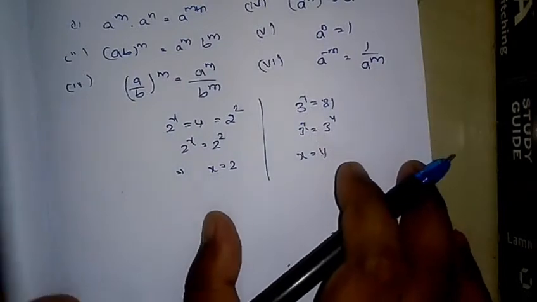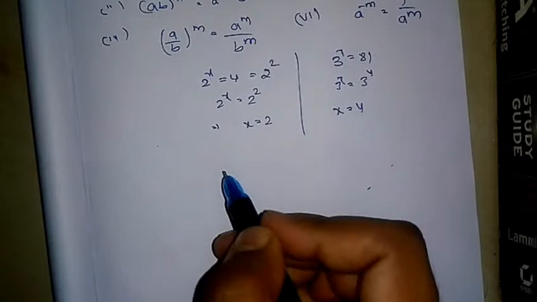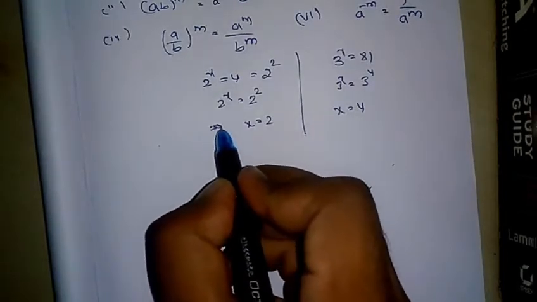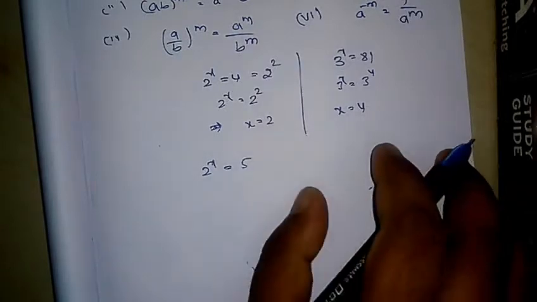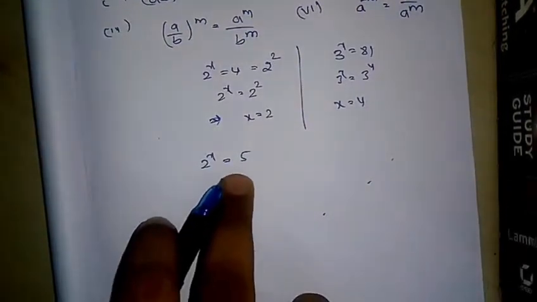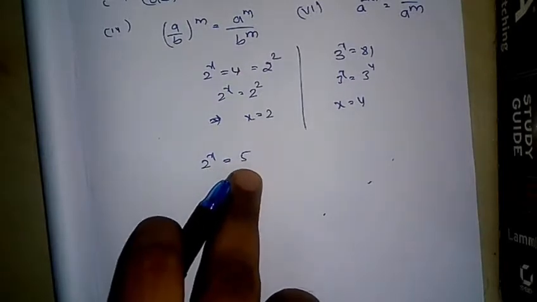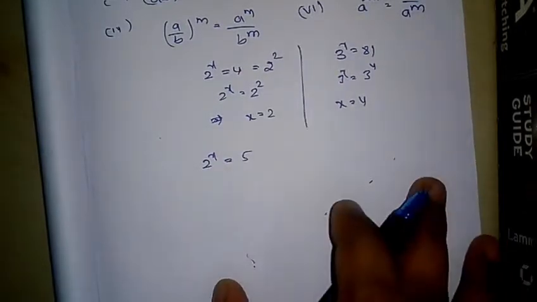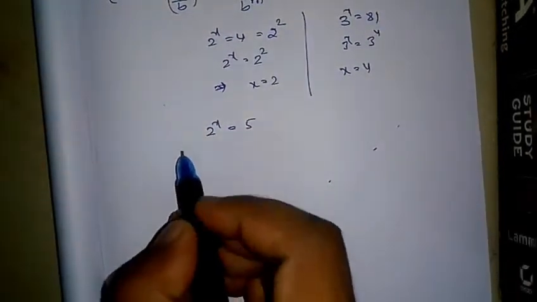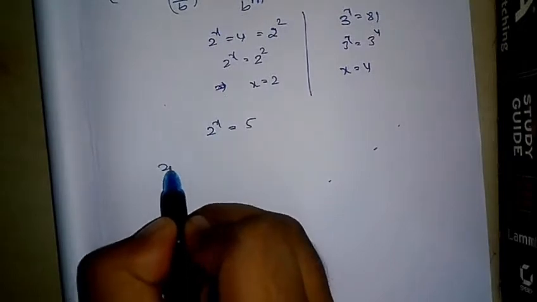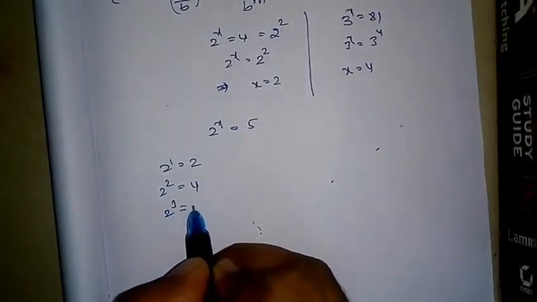What if we are given some random number which is not a power of some number? For example, 2 power x is equal to 5. If you are given this, since 5 cannot be expressed as a power of 2, it will be difficult to find x. So to solve these kinds of problems, logarithms are introduced. In this problem, let's check. 2 power 1 is 2, 2 power 2 is 4, 2 power 3 is 8.